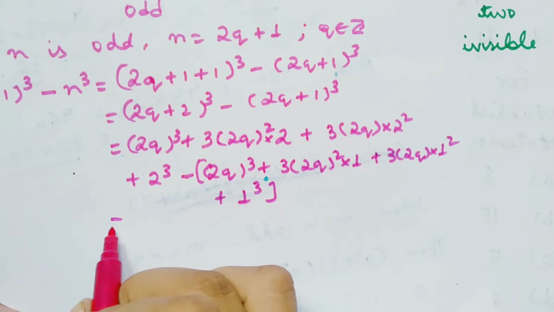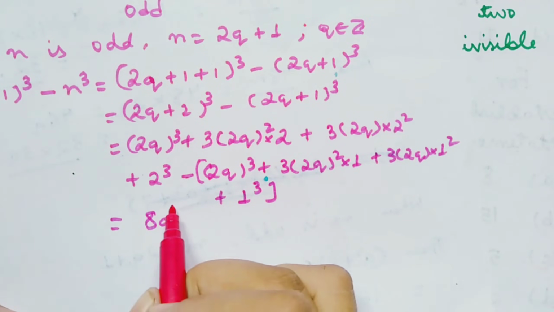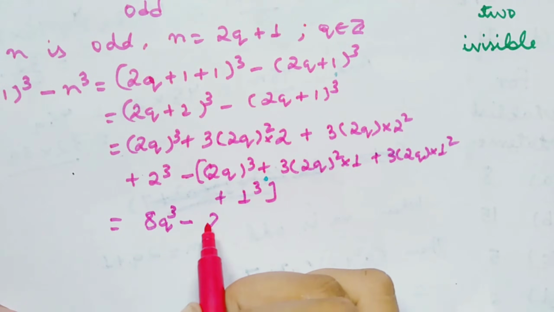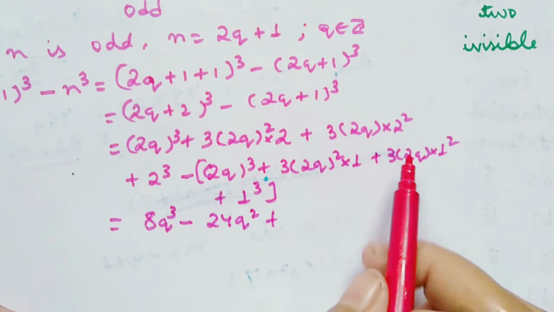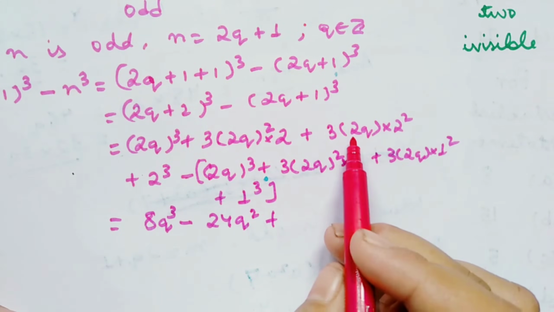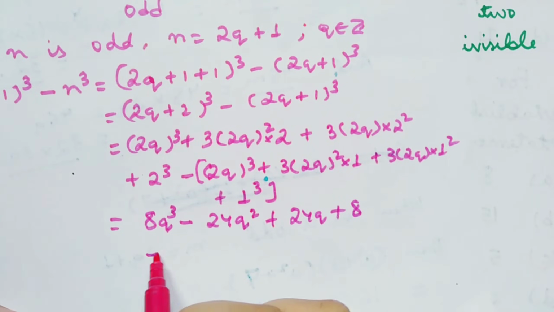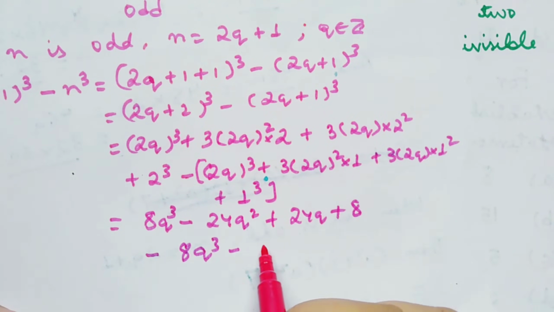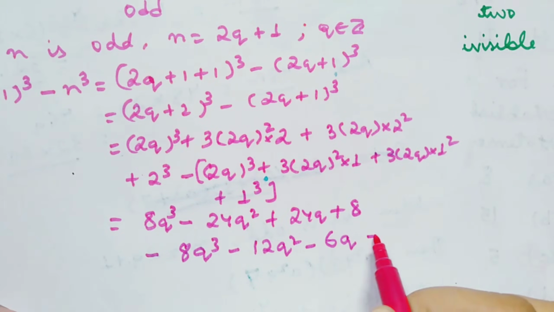This is equal to 8q cubed plus 24q squared plus 24q plus 8, and then minus 8q cubed minus 12q squared minus 6q minus 1.